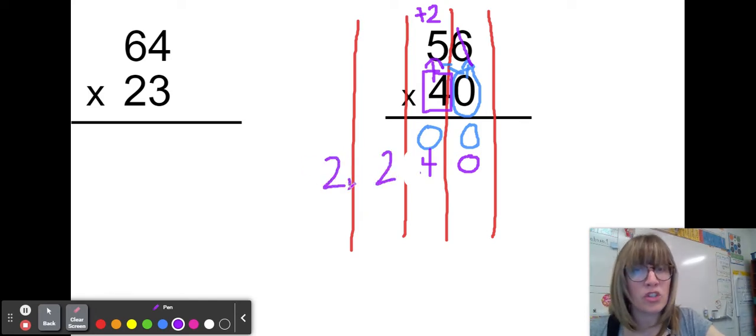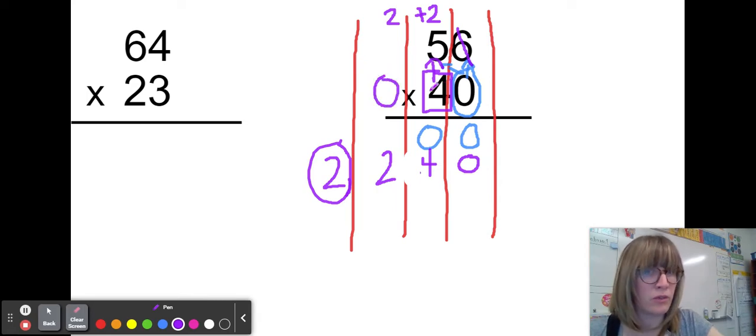And I know that I can put this 2 over here in this 1,000 sort of column because there's nothing left to multiply by, right? I could put this 2 up here because this is really a 22. And then I could say, oh, well, this is really a 0 because there's 0 hundreds and 4 tens and 0 ones.